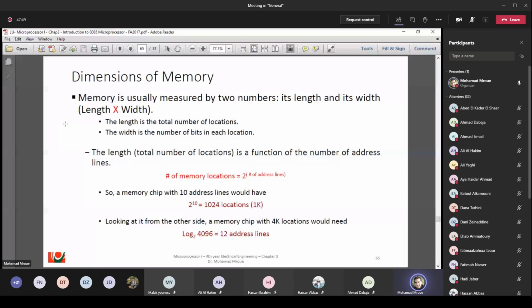Looking at it from the other side, a memory chip with 4K locations would need log base 2 of 4K, which is log base 2 of 2 power 12, so 12 address lines. Clear?